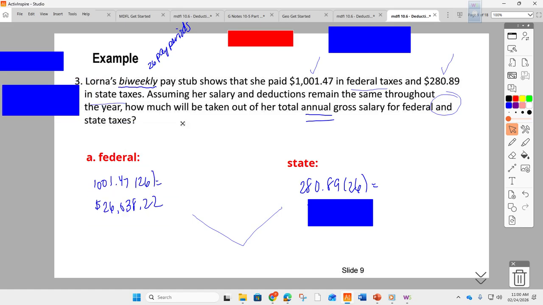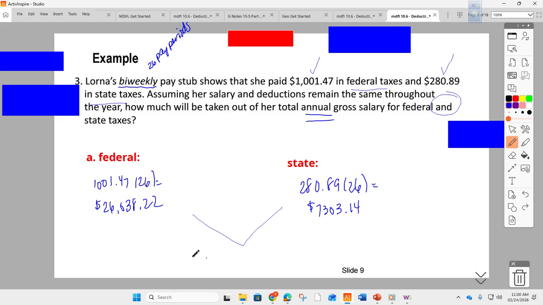The federal taxes are $26,038.22. In case you can't read my handwriting, that's a zero. And the state taxes are $7,303.14. And I think the total is $33,431.36.